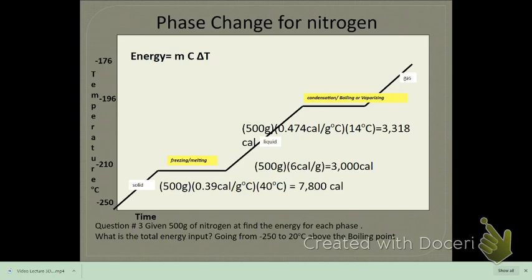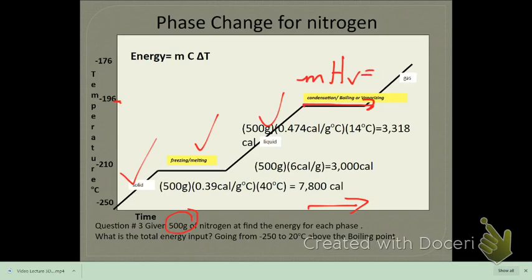Now that I've got my liquid, solid, melting, and liquid calculations, now I have to look at my boiling and vaporization. Again, while there is a movement of energy, there is no movement in temperature. So once again, I'm going to take the mass that I'm given times the heat of vaporization this time.